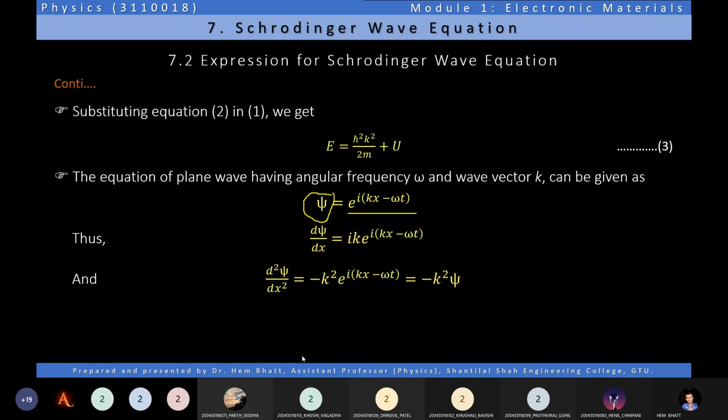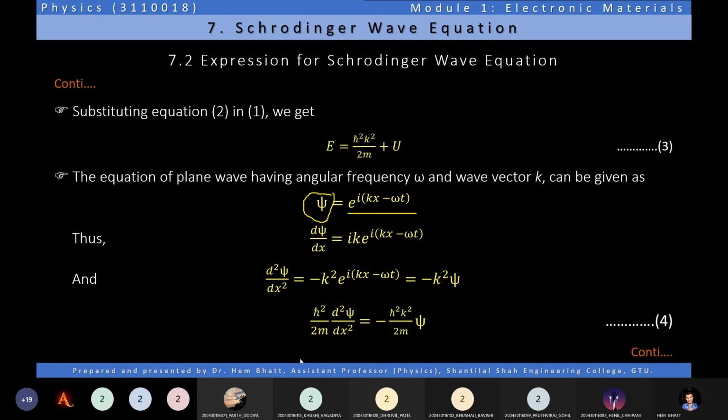Now multiply both sides with h cut square by 2m. Multiplying both sides with h cut square by 2m, this is what we get. Let it be equation 4. Now look at the third and fourth equations. If I multiply the third equation with psi on both sides, I can compare it with the fourth equation.